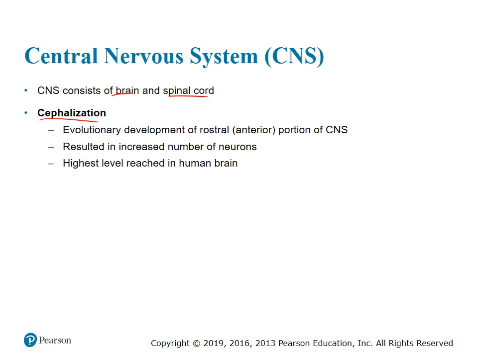And in fact, the place that we've developed more of the brain than anything else over time is the rostral or the anterior portion of the brain. That's that big old frontal part of the brain. And we'll see why that one's important because we'll talk about the cerebrum, right? Cerebrum is what we're talking about.